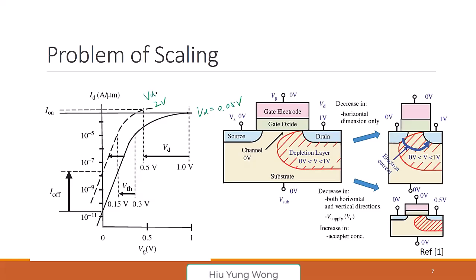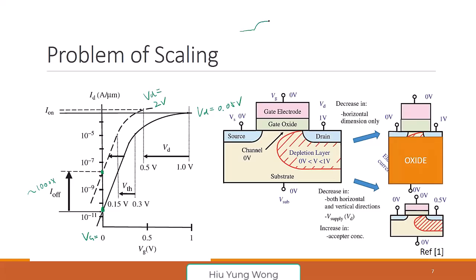VD equals 2 volt. Now at 0 bias, this is VG equal to 0. Do you see that this is the current for this one, and this is the current for this one, right? So the I off increased about 1,000 times. The off-state current. Is that okay? Do I answer your question? And that's because of the smaller barrier? Because of the smaller barrier, you're right.